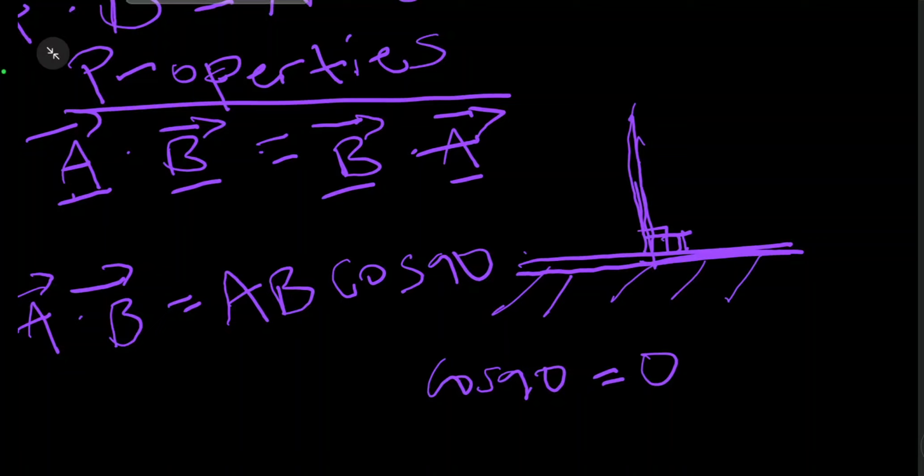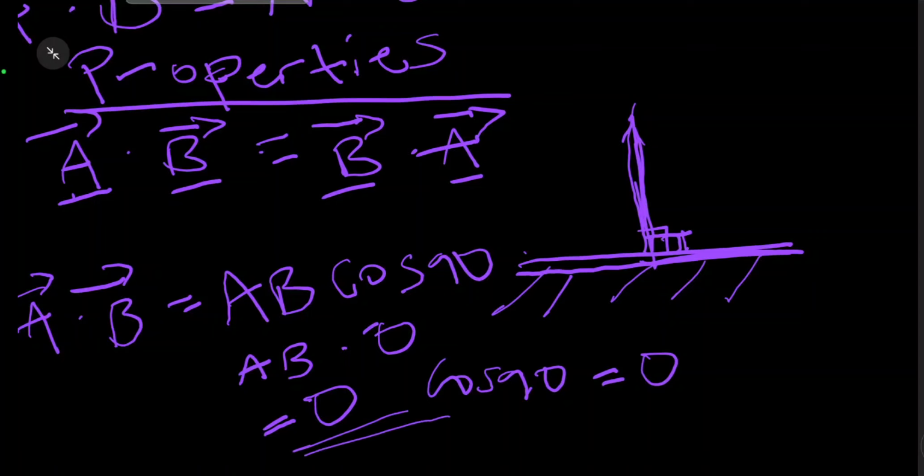Therefore cos 90 is equal to 0, and 0 multiplied by AB is equal to 0. So if the dot product of two vectors is 0, they are perpendicular. If we are asked to find anything and we have our answer 0, it simply means that our angle here is perpendicular.